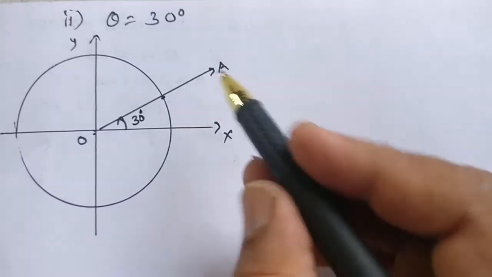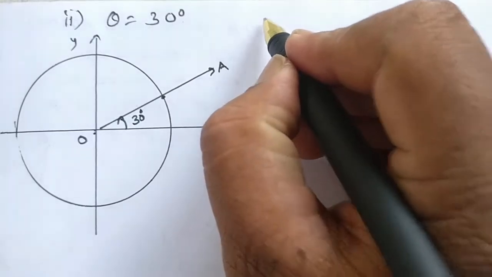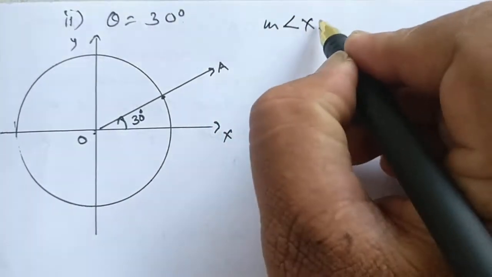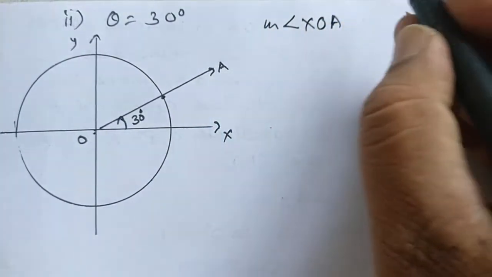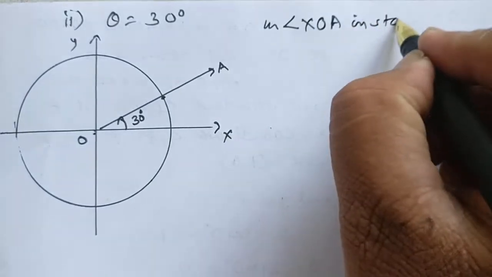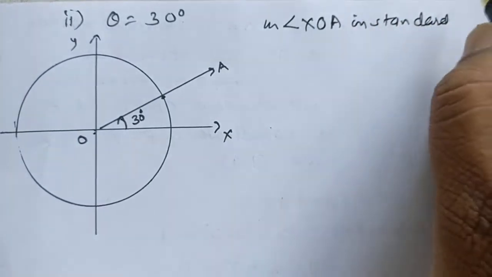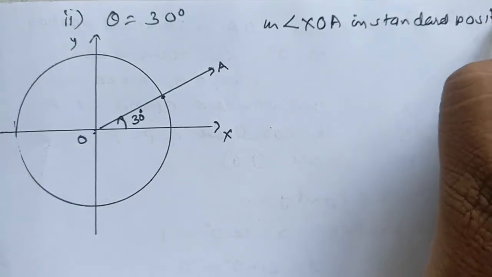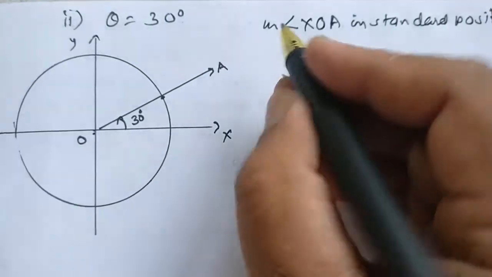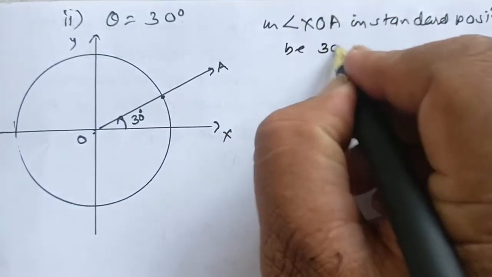Let the measure of angle XOA in standard position be 30 degree.